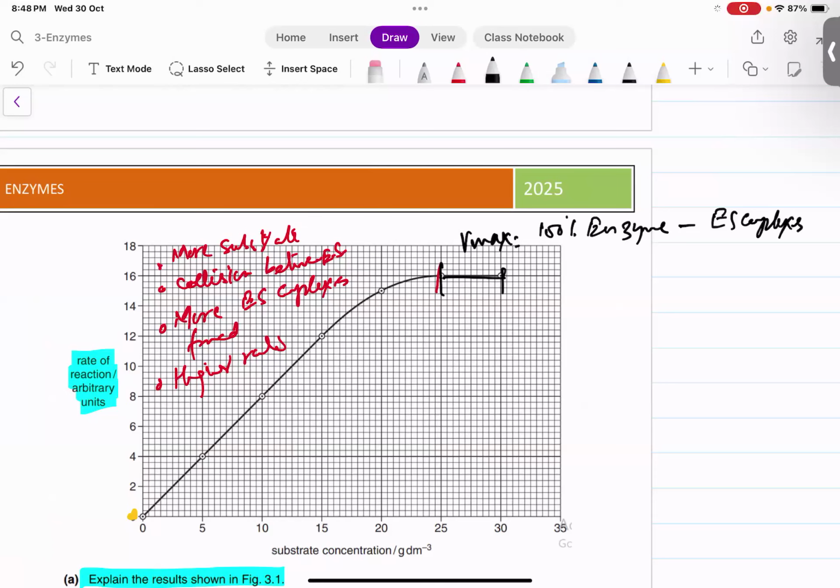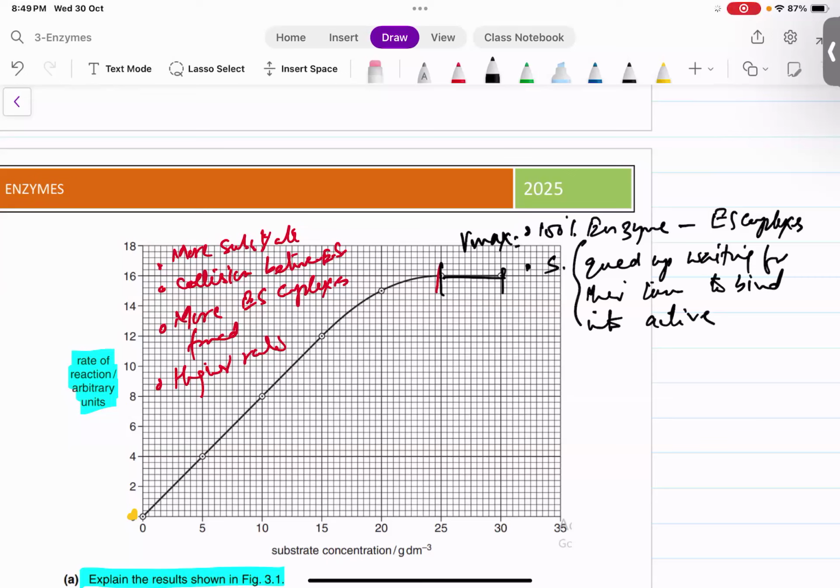The substrate is queued up, waiting for their turn to bind to the active site.